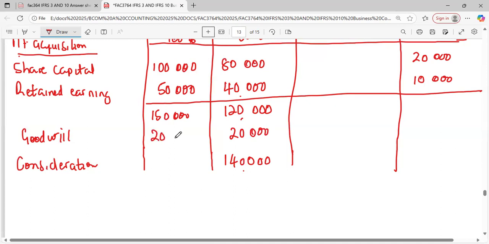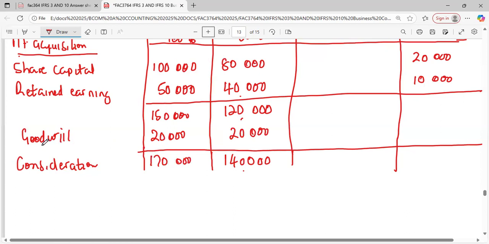I don't know if we are together on what I'm trying to say here. I want you guys to be able to calculate your goodwill or your gain on bargain purchase. So the value of equity purchased here is 120, and the money that was paid is 140.